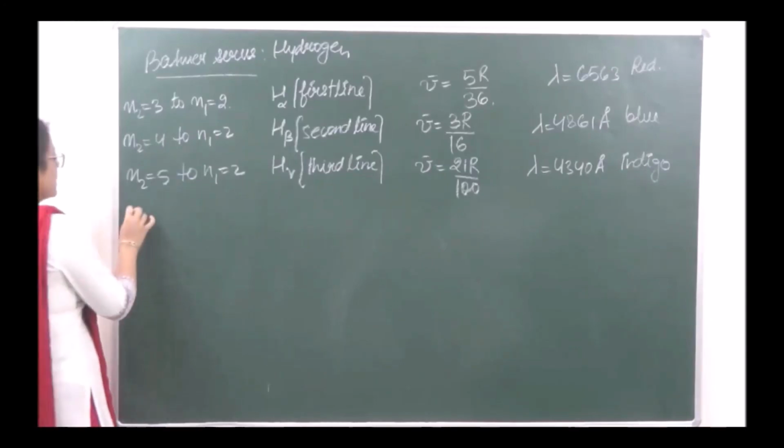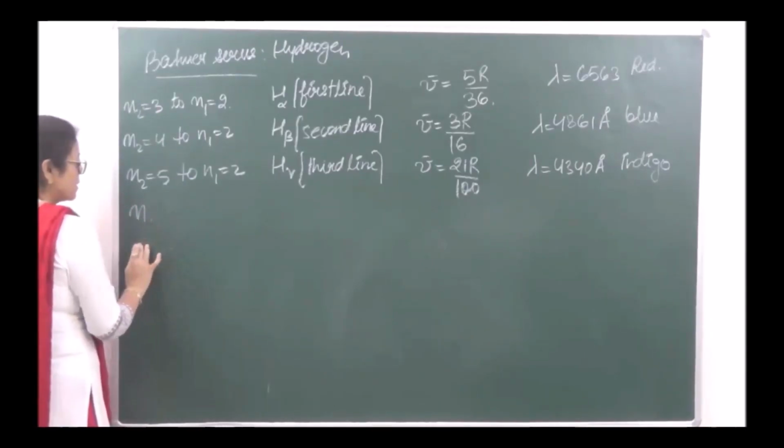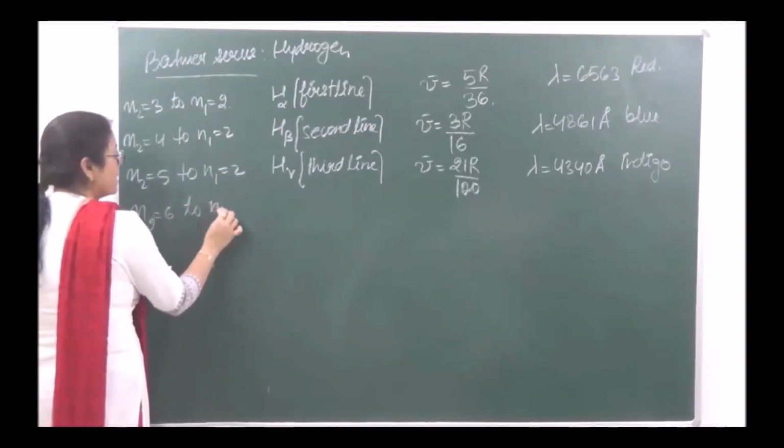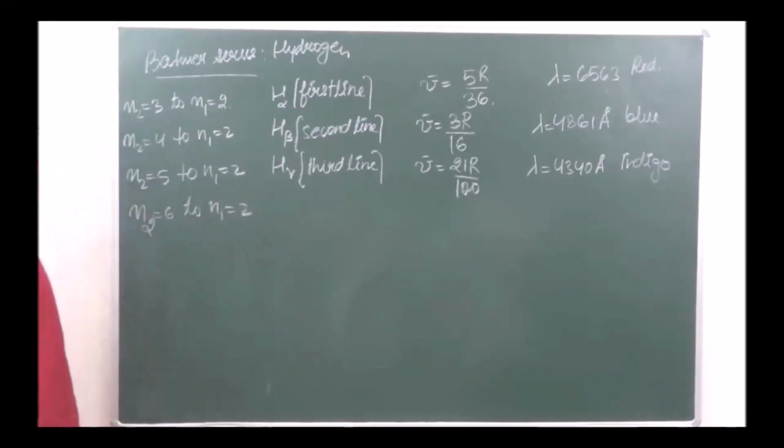Okay, then the next one is from N2 equal to 6 to N1 equal to 2.